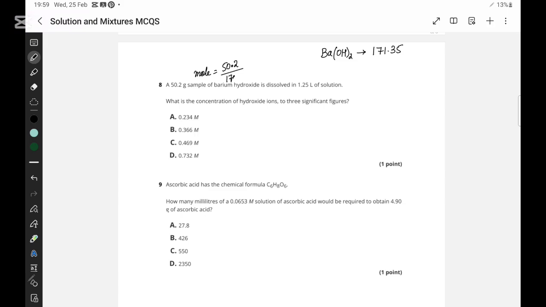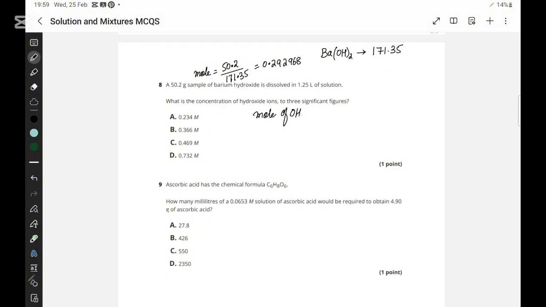So 50.2 divided by 171.35 comes out to be 0.292968.